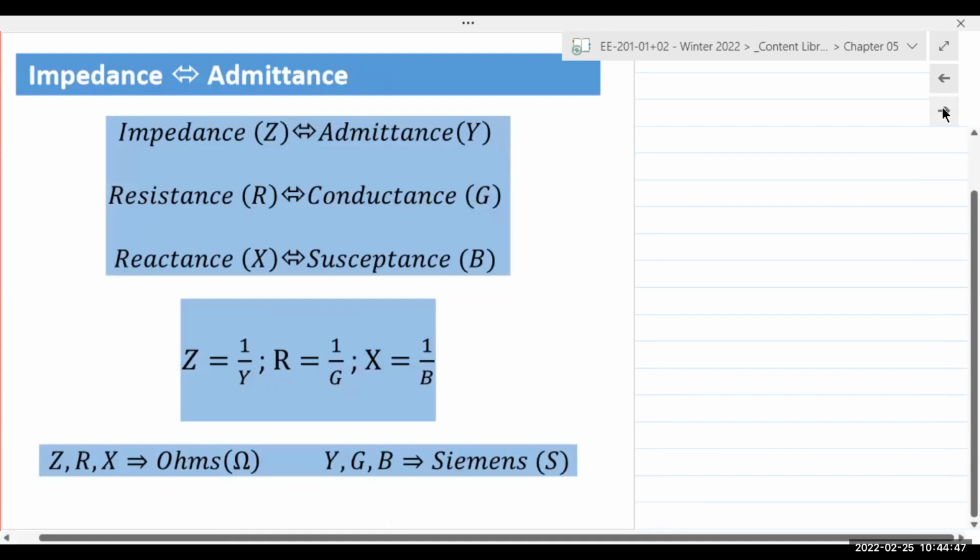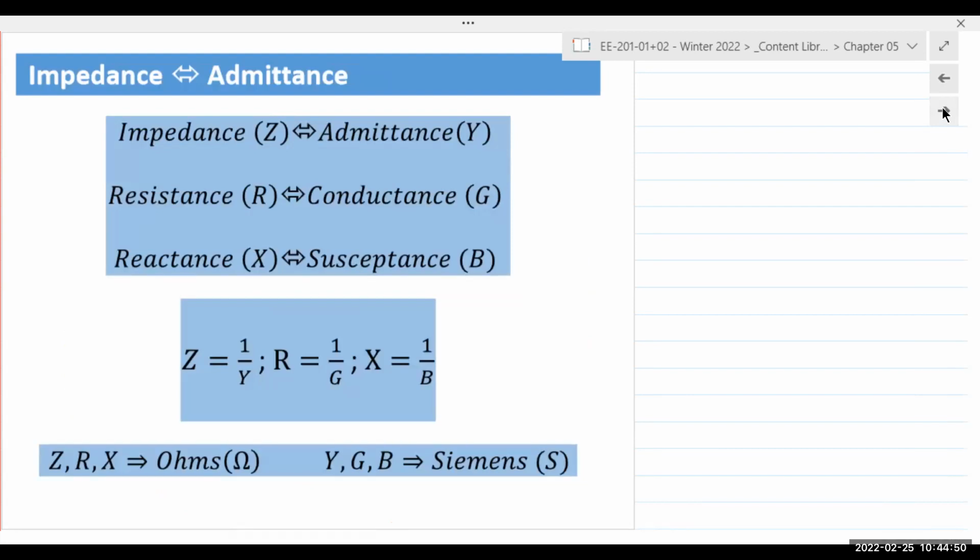Here are a few terms that students should be familiar with. We will not solve any problems using these terms, but as an engineer, you should be familiar if someone talks about these terms in a meeting, or you might be doing a project, and someone talks about conductance, admittance, or susceptance, you should be aware of what they're talking about. So these are all reciprocals.